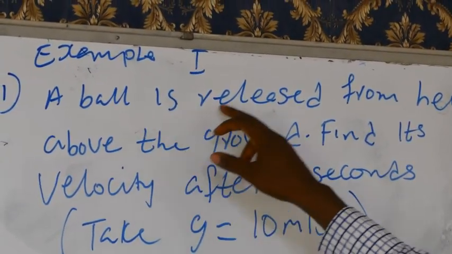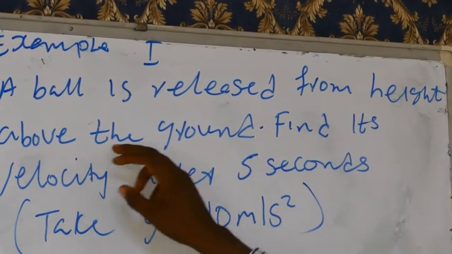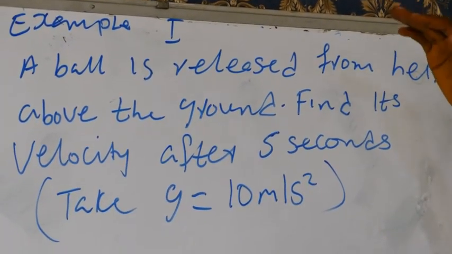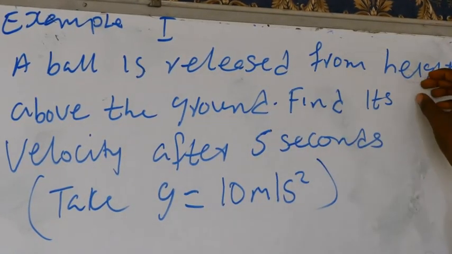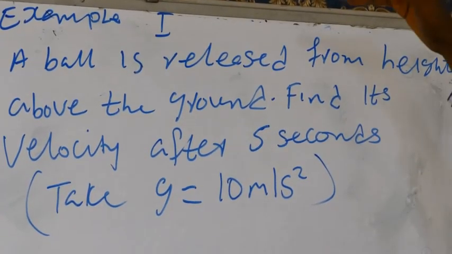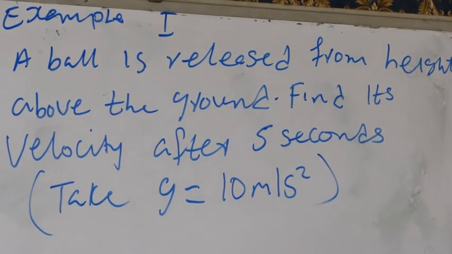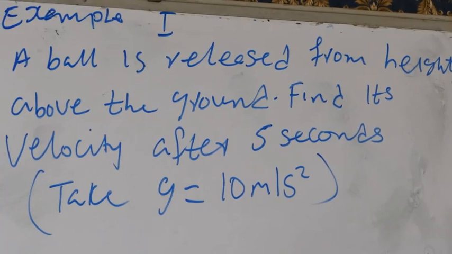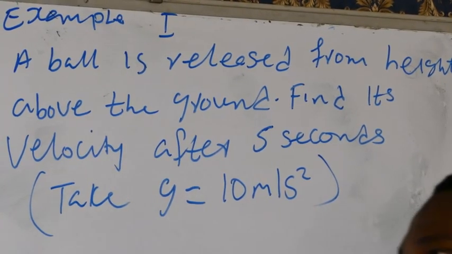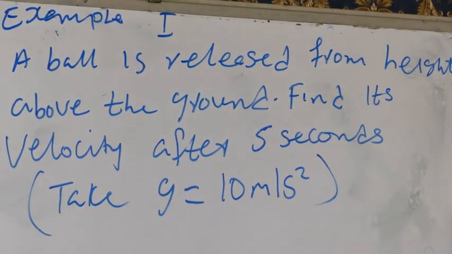So a ball is released from height. First thing that comes to your mind, a ball is released from height above the ground. So someone that is releasing the ball is above the ground, is at height. That means the ball is falling. So when it is falling, is it against gravity or is it acting along gravity?